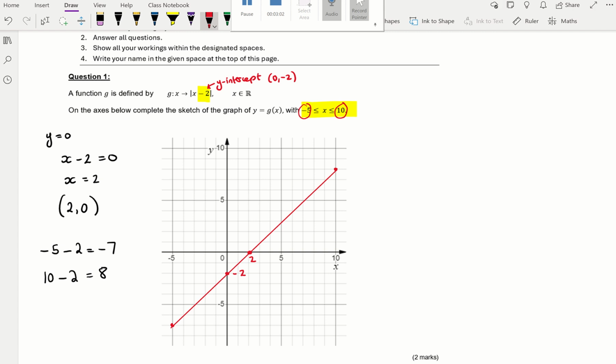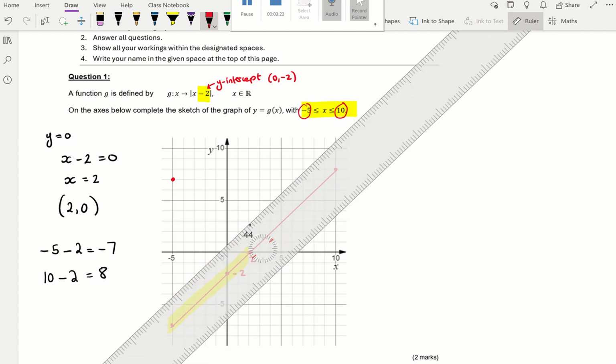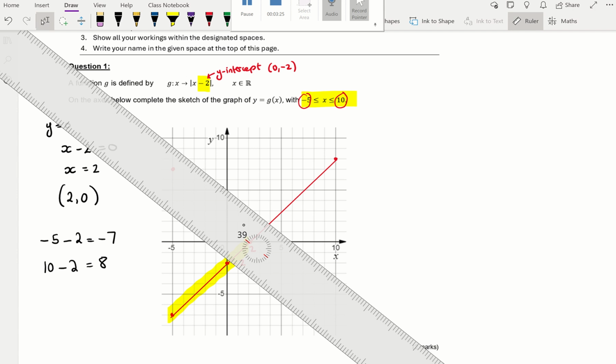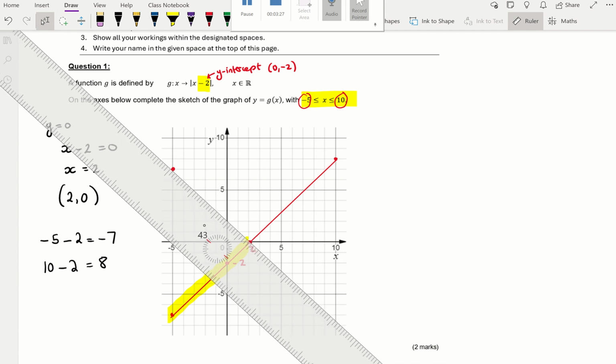Now, the modulus means that everything that is below the x-axis is not needed, but it's going to be reflected in the x-axis. So this point here, which is negative 7, when reflected becomes a positive 7. And therefore, I am going to go from here to there.